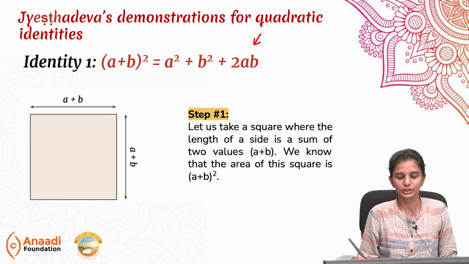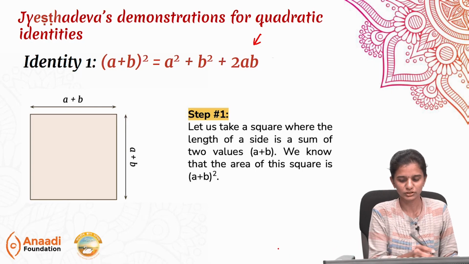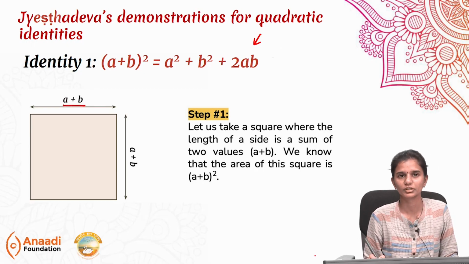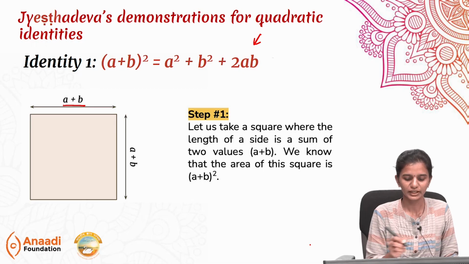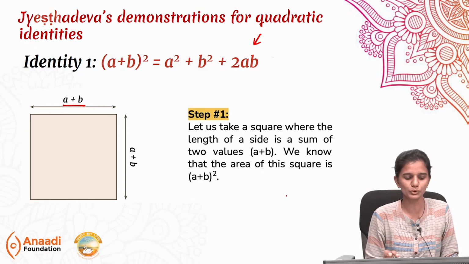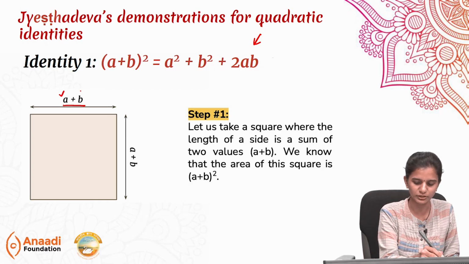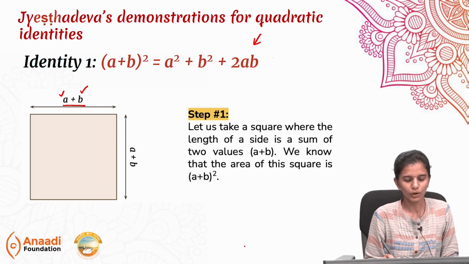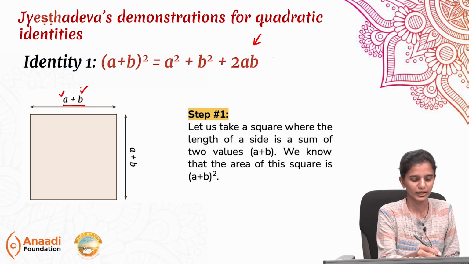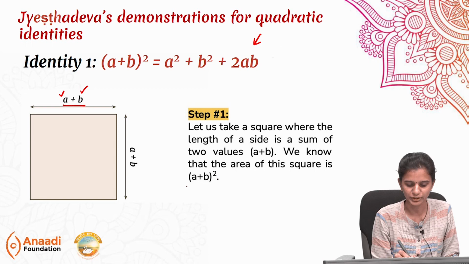For that, you will have to take a square of side length a plus b. We see that the length of a side is the sum of two values, a and b. Now, we know that the area of the square is (a plus b) the whole square.